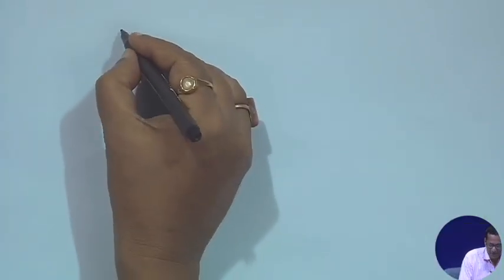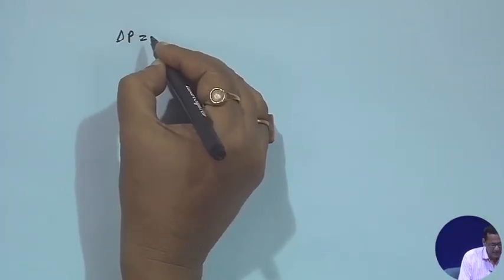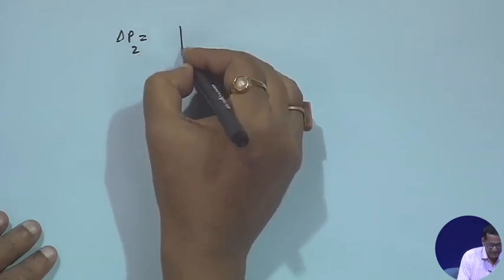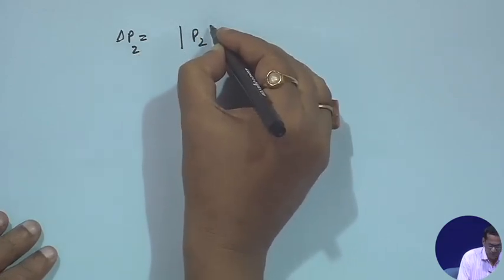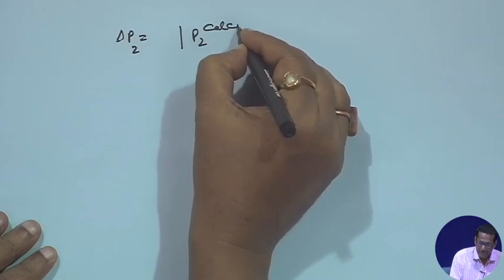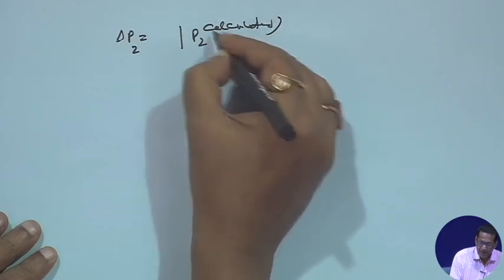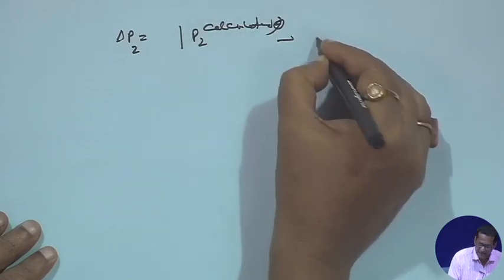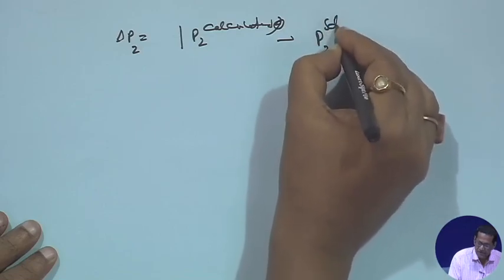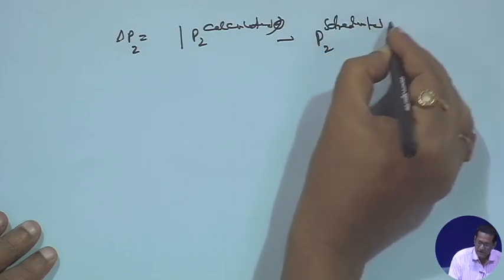It is something like this. Suppose delta P 2 is equal to the absolute of P 2 calculated minus P 2 schedule value.